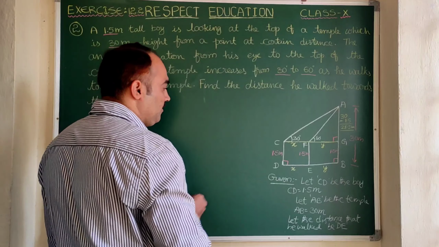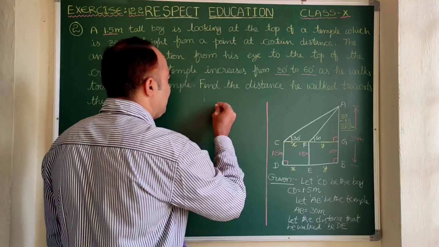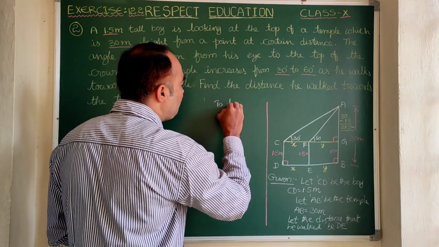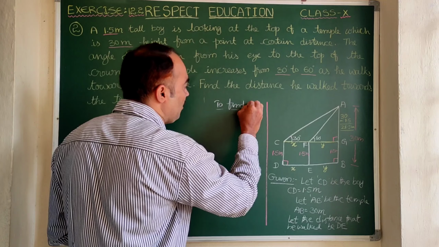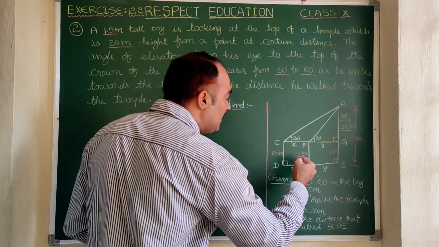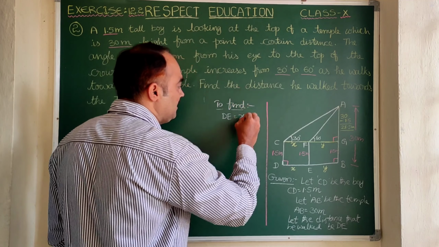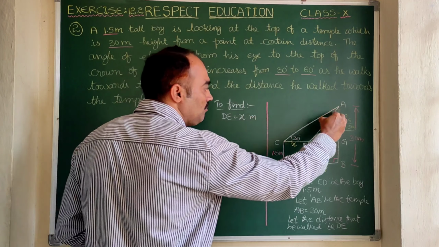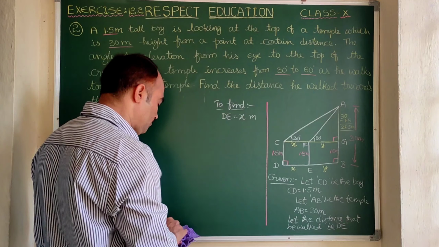So here we can write, to find: what is the distance he walked? DE. So let us write to find DE, that is x. In fact, it is in meters because all measurements are given in meters. X is also in meters. This is what to find.